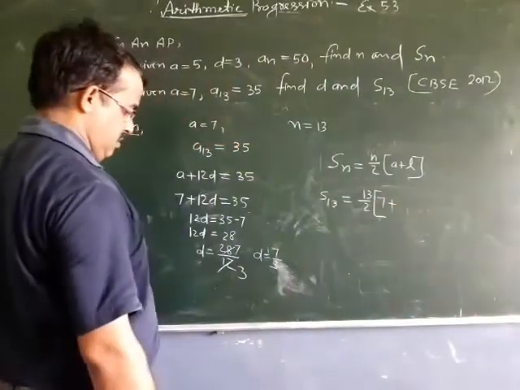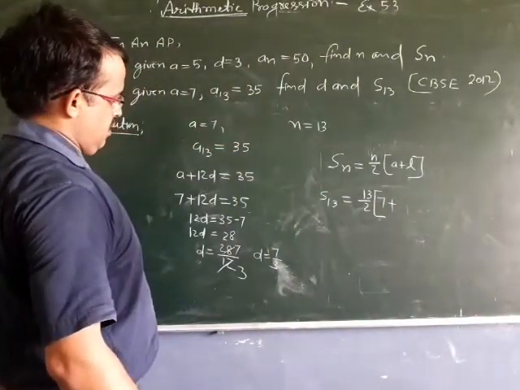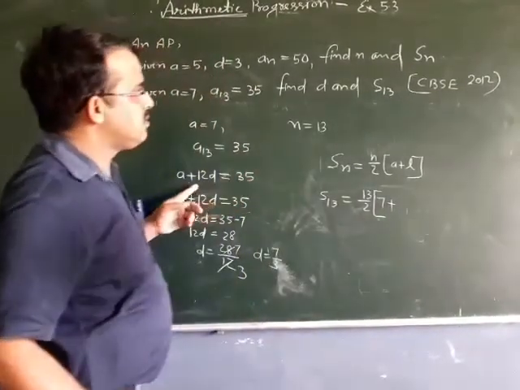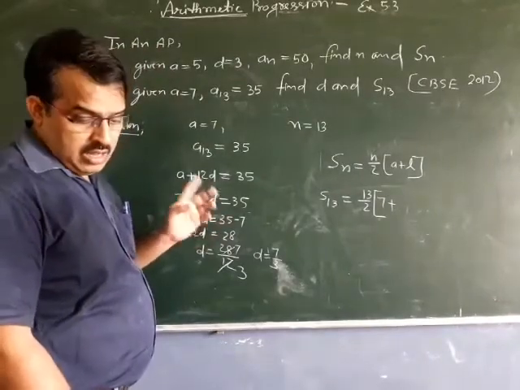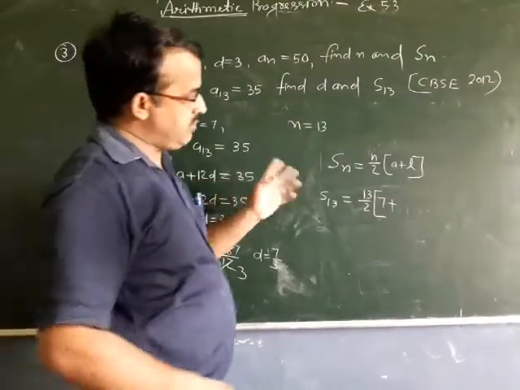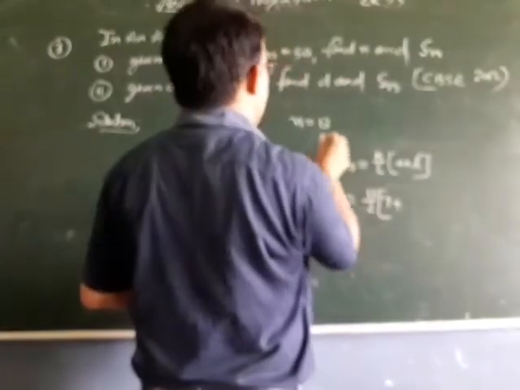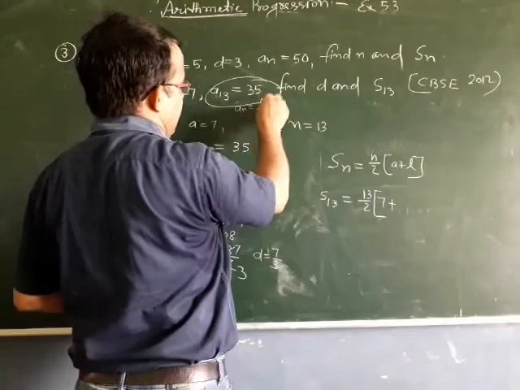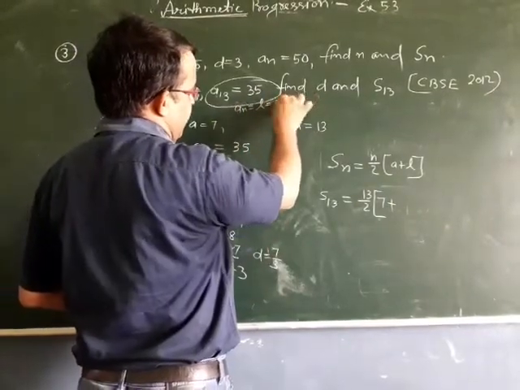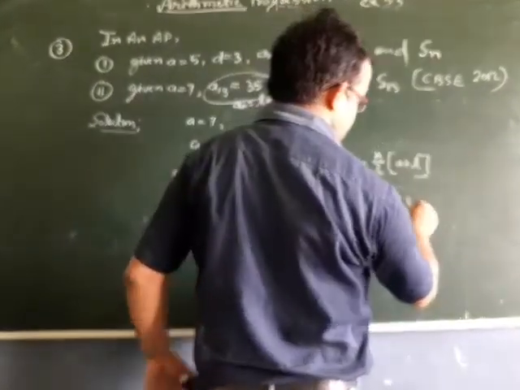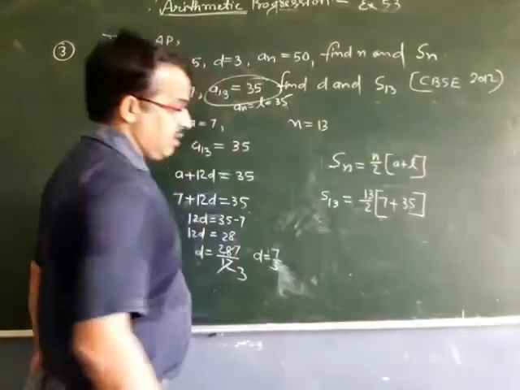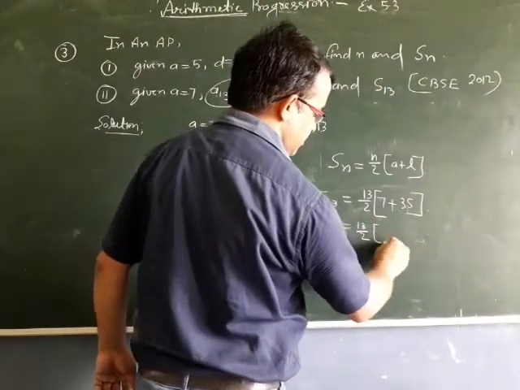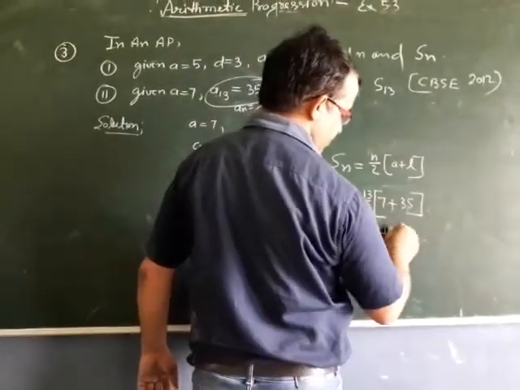The last term l is an, which is 35. So l is 35. Clear?